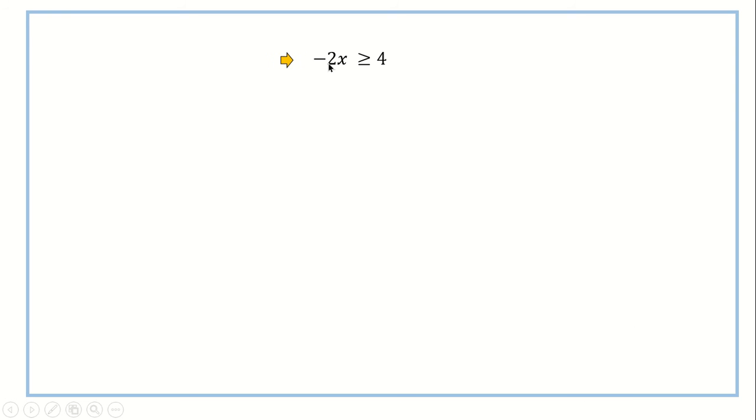Okay? We look at this example. We have -2x is more than or equal to 4. So we'll divide on both sides by -2. But dividing by a negative integer, remember, it will reverse the inequality. So that's why instead of having more than or equal to, we are having less than or equal to, because we are dividing on both sides by a negative.